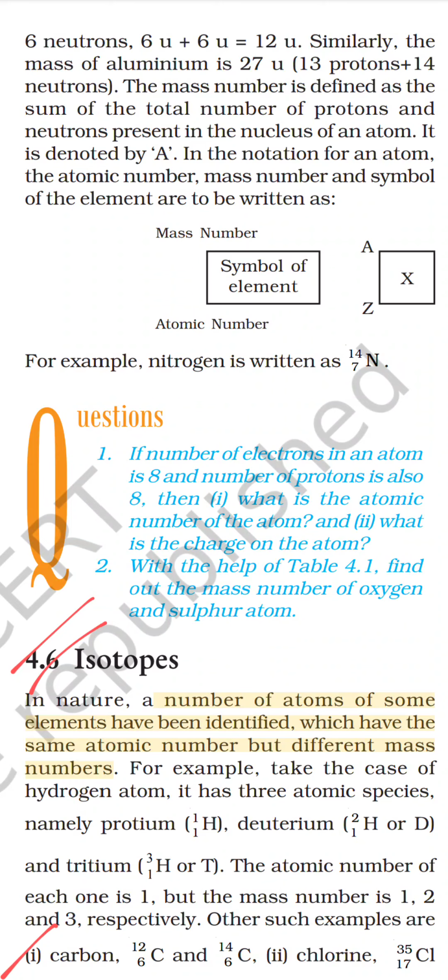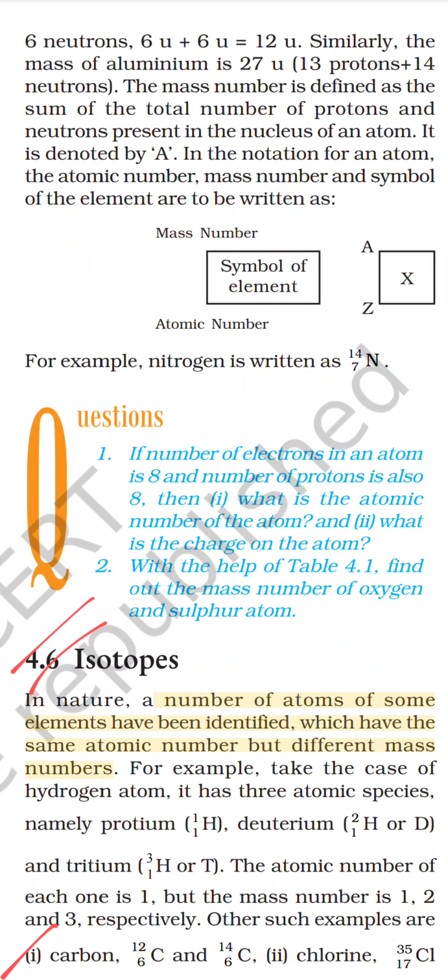Now we will discuss isotopes. In nature, a number of atoms of some elements have been identified which have the same atomic number but different mass number. These are called isotopes.